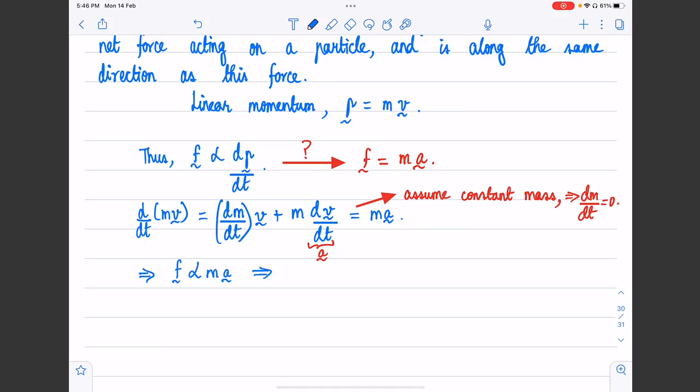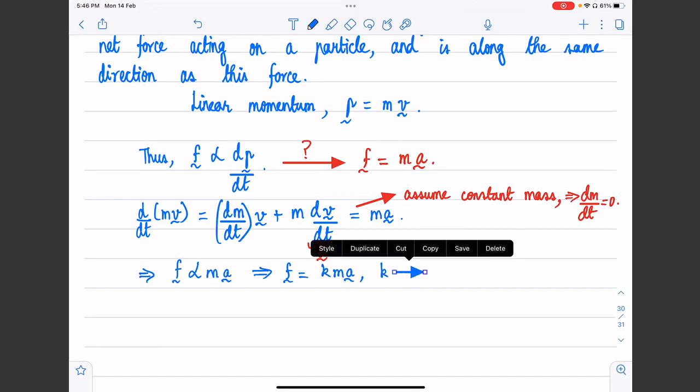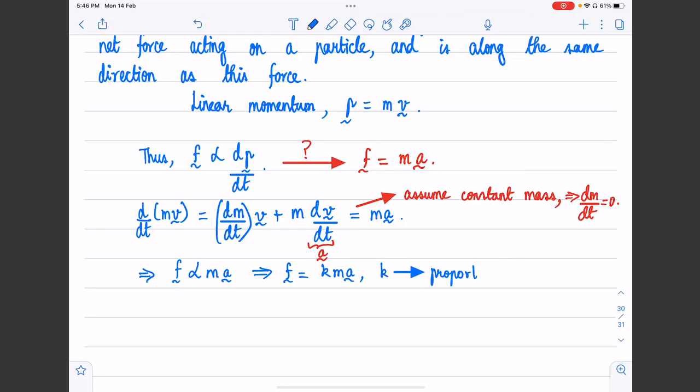So this gives us F equal to some k times ma, where k is a constant of proportionality, or proportionality constant, right? Now, how did we get F equals ma?